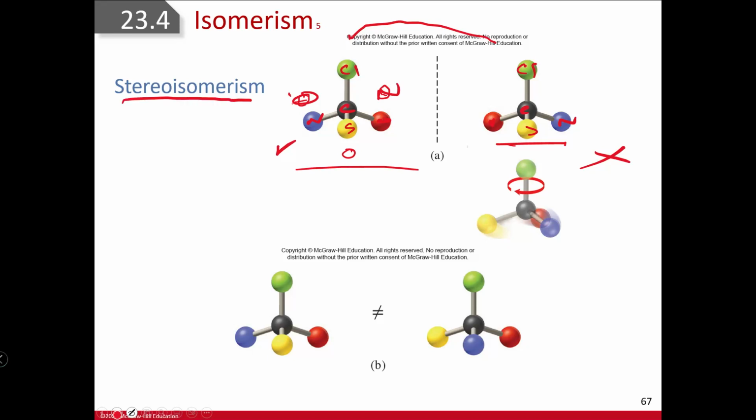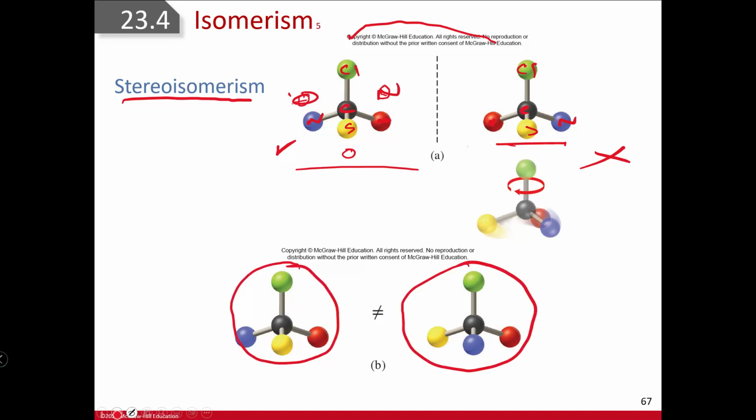They are optical isomers because they are non-superimposable. And when you have the carbon like this and you have non-superimposable images, the term that you want to use here is chiral.